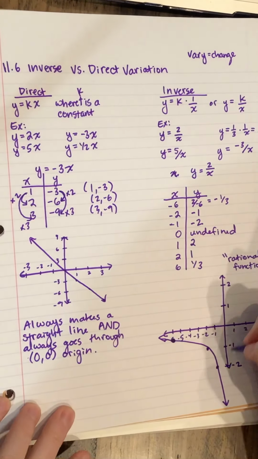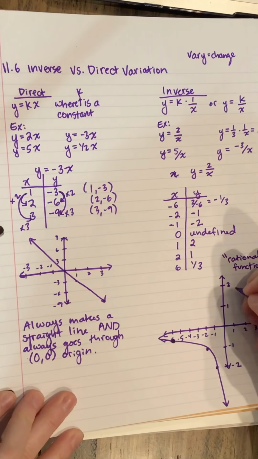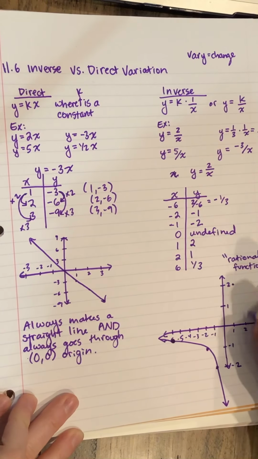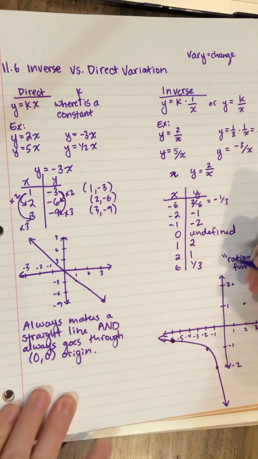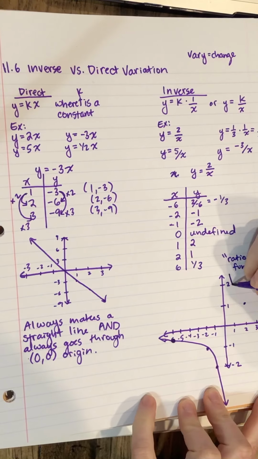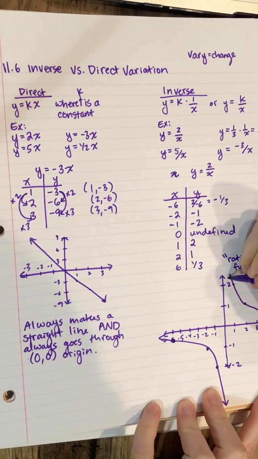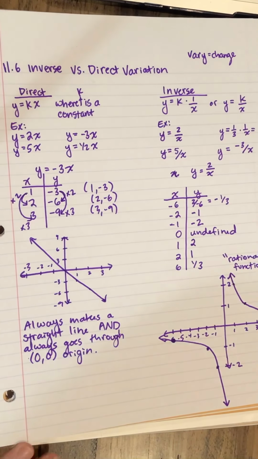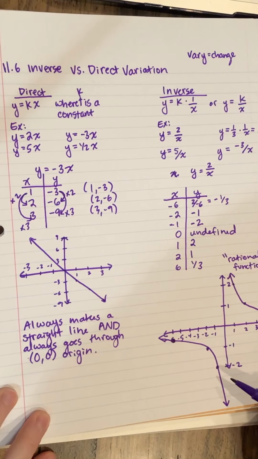We'll get into that next section. But let's graph the rest of it now. So we have 1, 2, 2, 1, and 6, 1/3. And that's gonna look like this. Okay, so this is the general shape of a rational function.